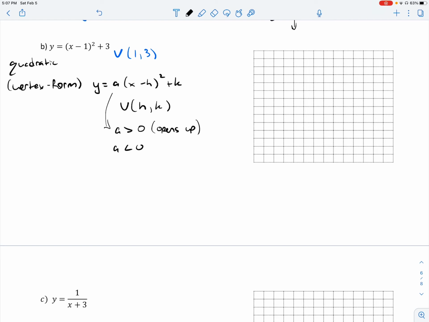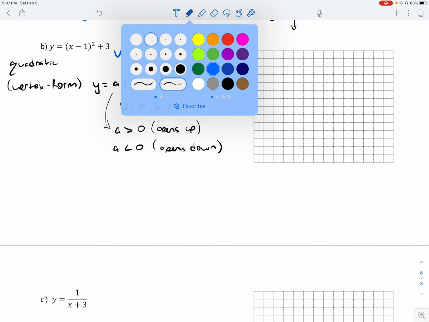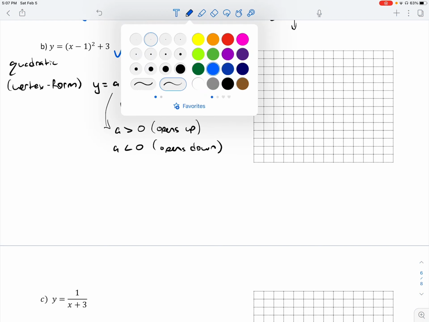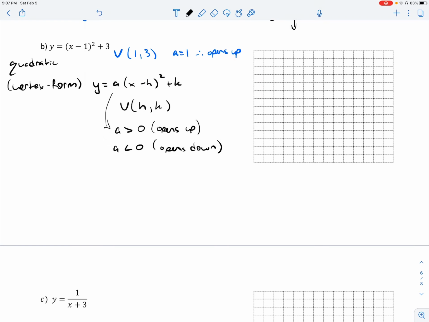And if a is less than 0, it opens down. So in our equation, I can see there's a positive 1 here. So we'll write that in. a equals 1, therefore opens up. Okay, so I'm going to have a nice parabola that's going to open upwards with a vertex at (1, 3). That will be enough for me to do the domain and range.